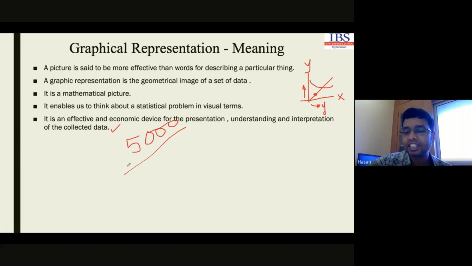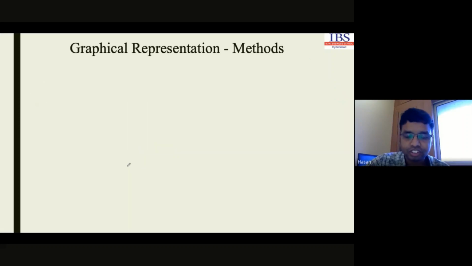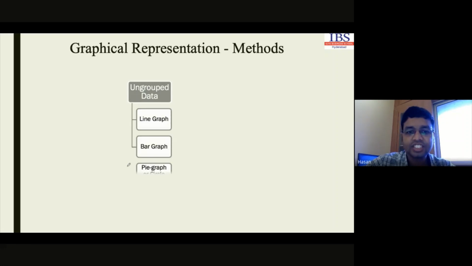Graphical representation can be of two different forms. We have already understood. The very first one is for ungrouped data. We have line graph, bar graph, and pie graph or circle graph. So if our data is ungrouped, then we have these three graphs to represent data.